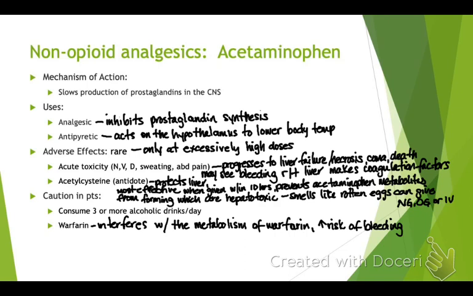It can lead to liver necrosis, and cause coma or death. With acute toxicity, remember I said that these usually occur only with excessively high doses. Death may occur from ingestion of more than 15 grams of acetaminophen.